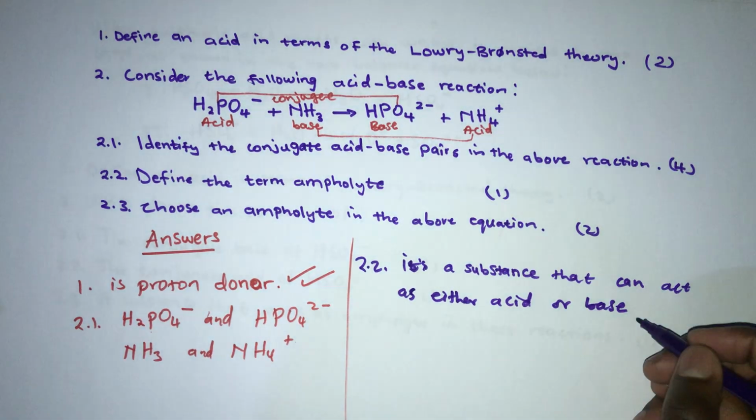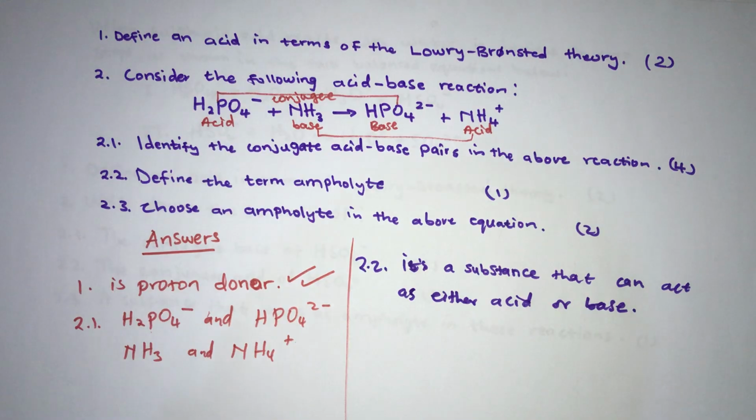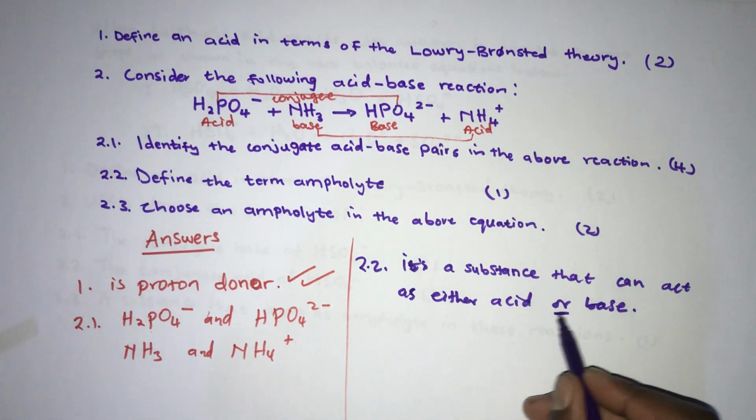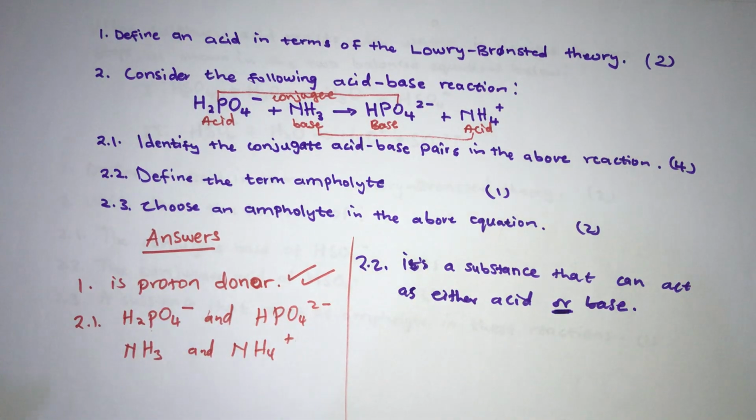So an ampholyte is just a substance that can act as either acid or base. So be careful here, acid or base, not acid and base, because some other learners confuse the two.